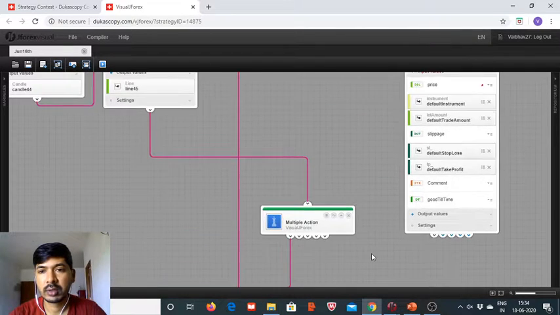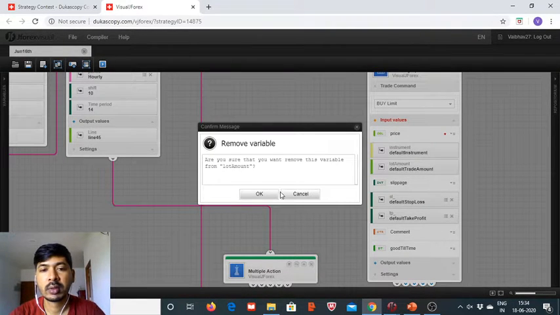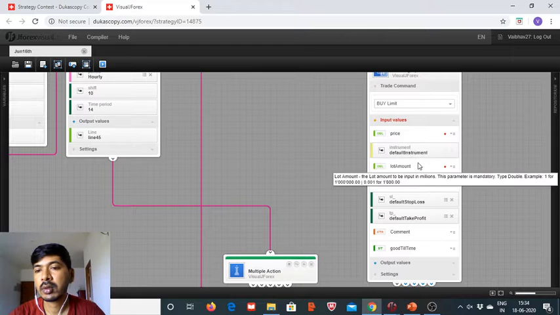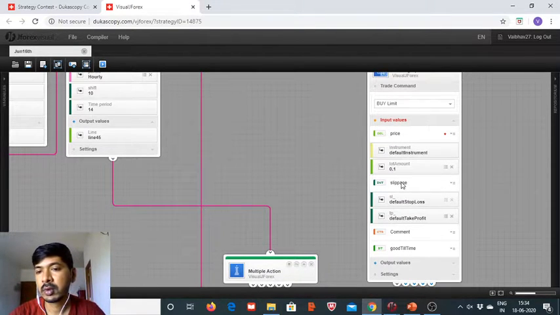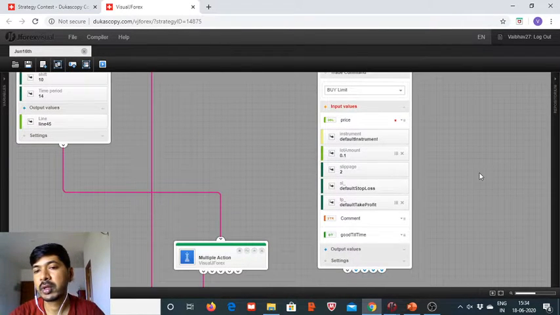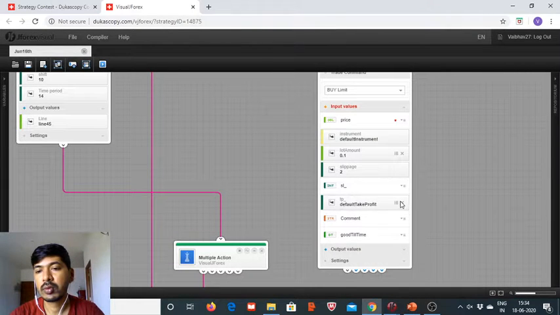Now our attention moves to this. 0.1 million is good enough for testing. Slippage 2 pips is good enough for Euro USD. Stop loss and the target price, we will need to define these variables independently.